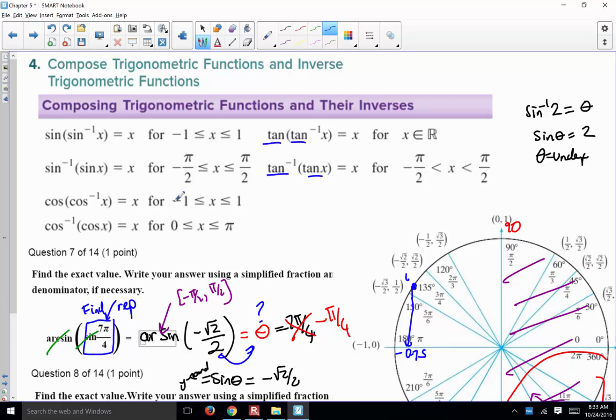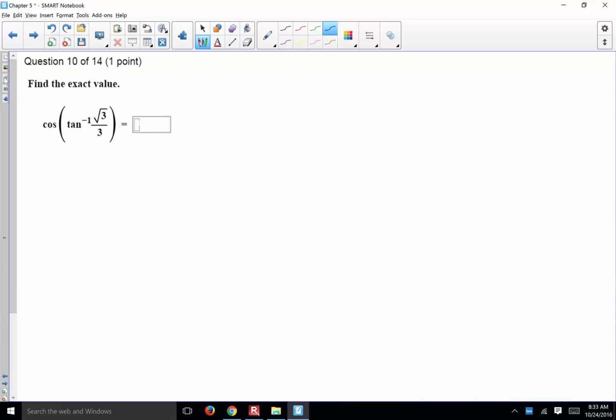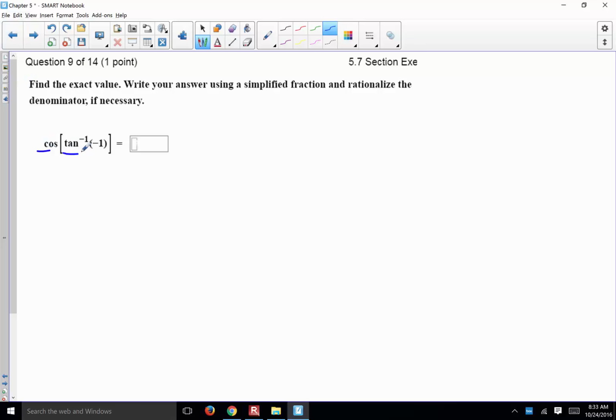Tan, tan, cos, cos, sine, sine. Matching. In our question now, we have a mismatch. Cosine and tan inverse. Or cosine and tangent inverse. Irrelevant things. Right? So how do we do these questions?